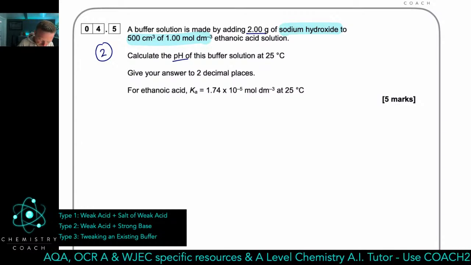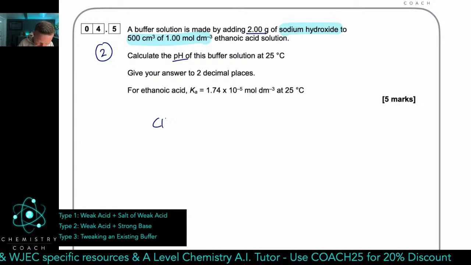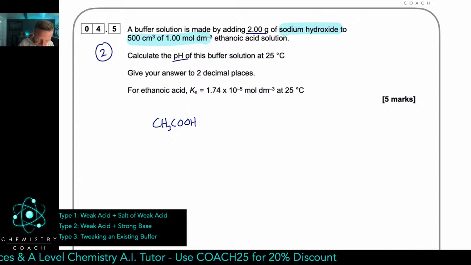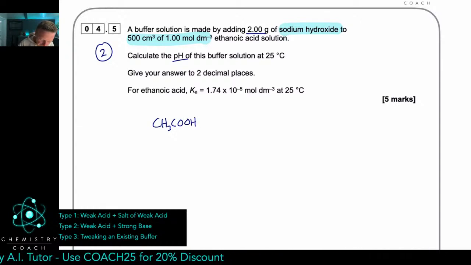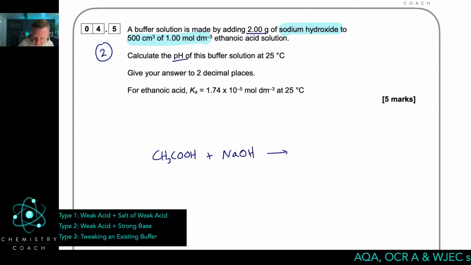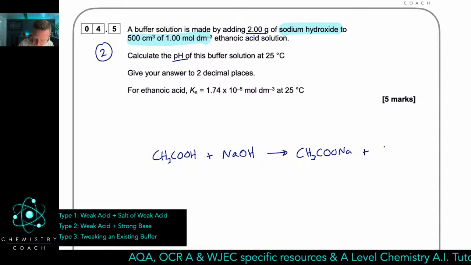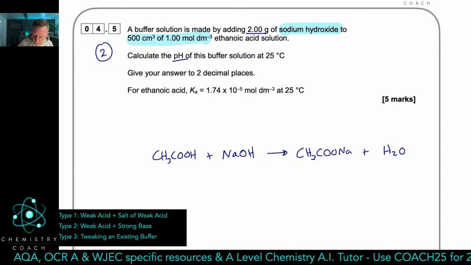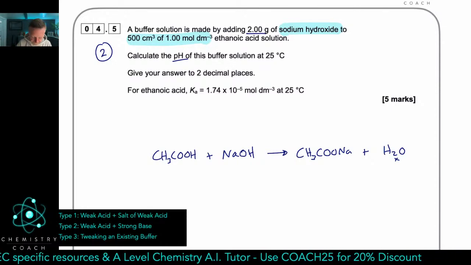So we know that ethanoic acid, CH3COOH, reacts with our sodium hydroxide 1-to-1, and it'll always be a 1-to-1. I've never seen anything different. So this is our salt that we're making, and obviously the water that we're making as well, and we can basically just ignore that.